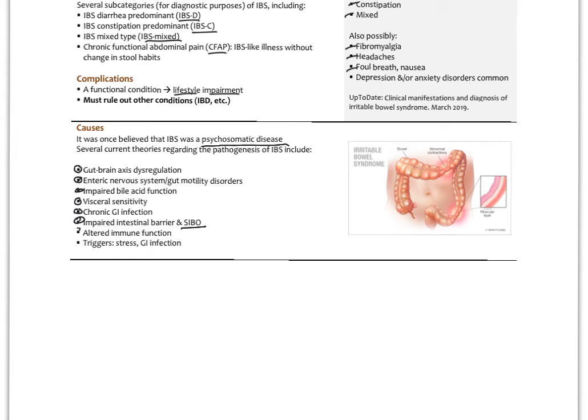Altered gut immune function. We definitely know that, for example, the Paneth cells, remember those are located deep down in the crypts in the mucosa, and they secrete defensins and those kinds of peptides. We know those are decreased in IBS. And then we know the different triggers like stress and GI infection all can activate this. So I've seen some patients that go traveling, they get traveler's diarrhea.